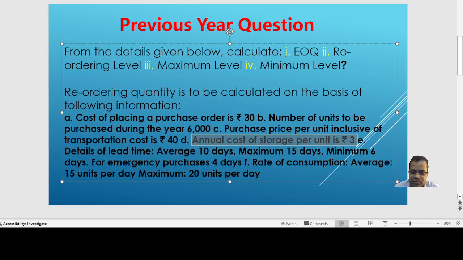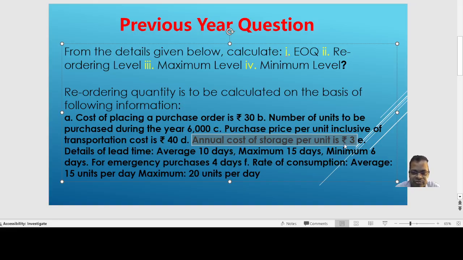Usually the question says the carrying cost percentage per annum is 20%, 30%, and we multiply it with the product unit cost to get the carrying cost. But here it says the annual cost of storage per unit is 3 rupees. So carrying cost has already been given as 3 rupees.